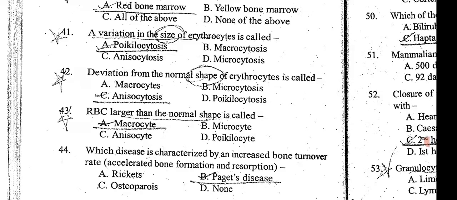Poikilocytosis can also be remembered with a fact that the mammals and the birds are homeotherms, and the amphibians are poikilotherms. Amphibians are poikilotherms, as poikilo means many, as the amphibians have many temperatures, and their temperature is that of the external environment.